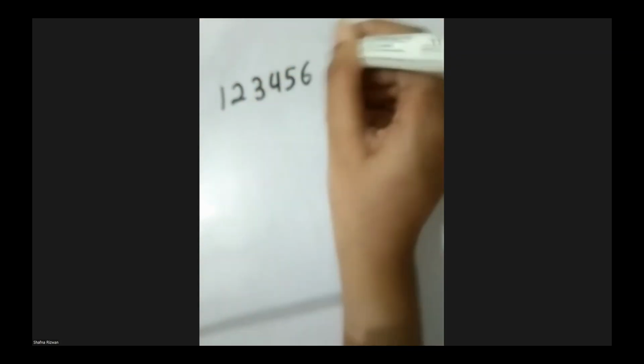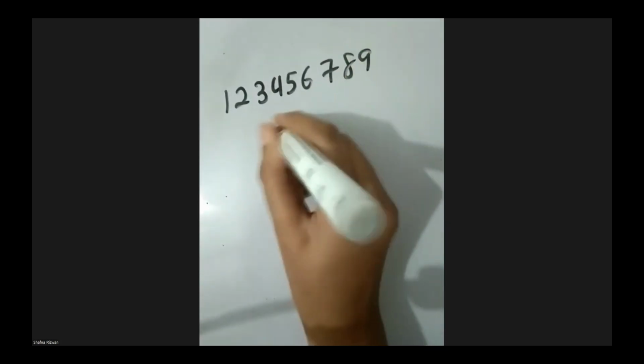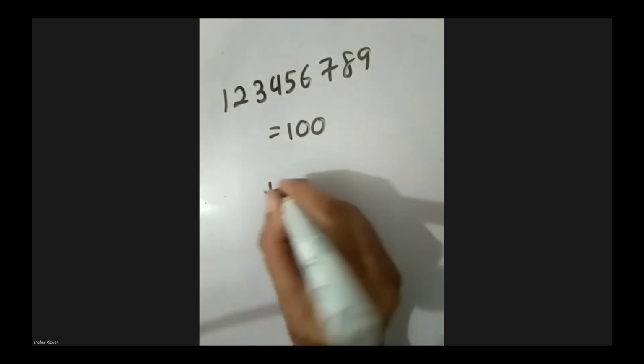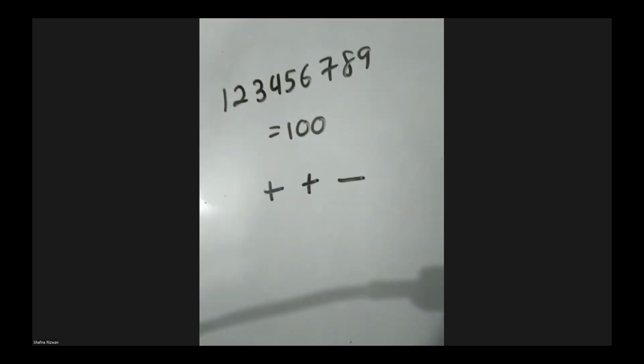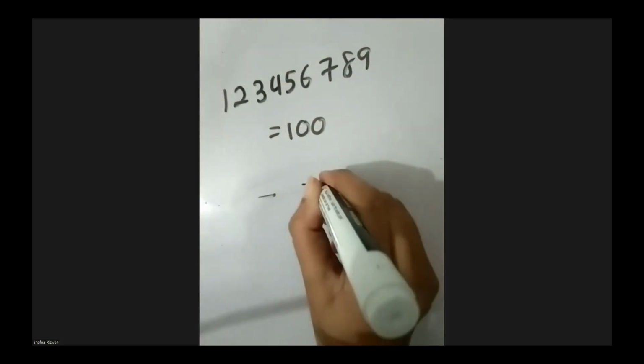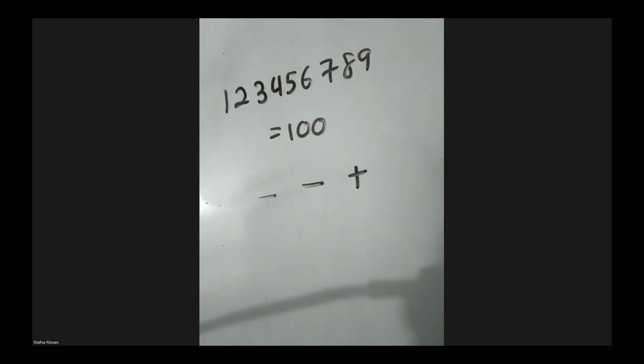What's the number they gave you? That is 1, 2, 3, 4, 5, 6, 7, 8, 9. It should become equal to 100. You have to add 2 subtraction signs and 1 addition sign.